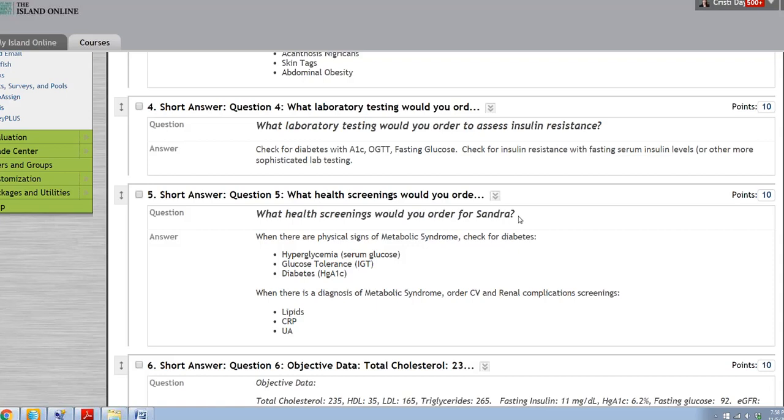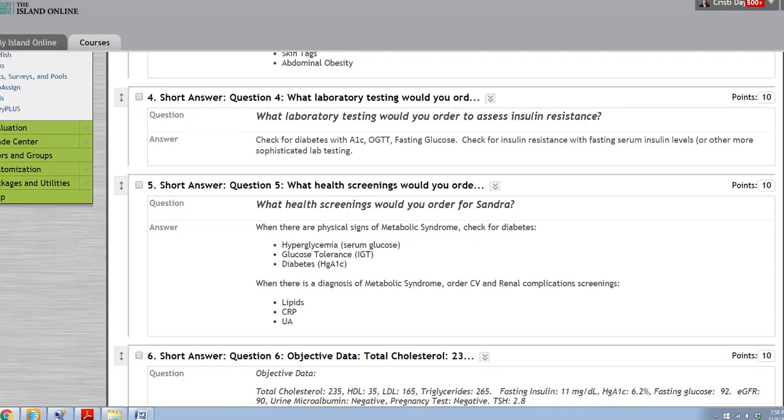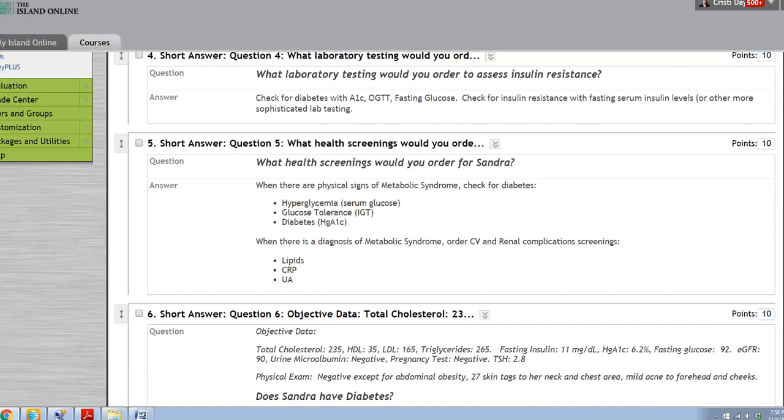Is her fasting glucose 101 to 126? Is her oral glucose tolerance test 150 to 199 at 2 hours afterwards? Is she in that prediabetes phase? And what if all of her sugars are normal, but her fasting serum insulin level is high? That's what we're going to know.